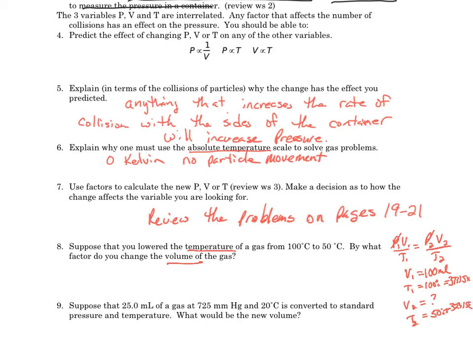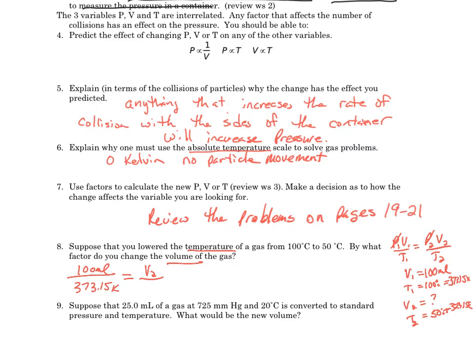So now I'm ready to substitute my numbers in my formula. My volume 1, I'm going to say is 100. My temperature 1 is 373.15. My volume 2 is my unknown.